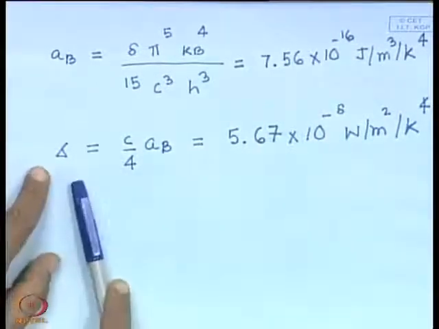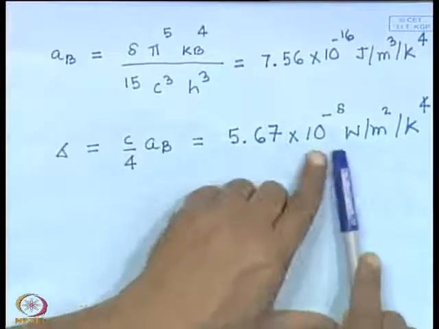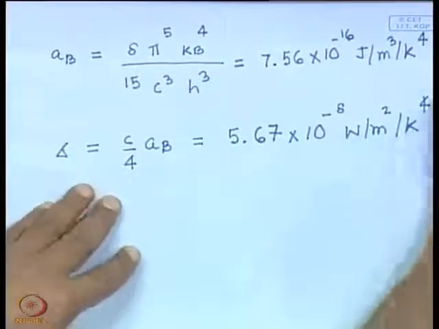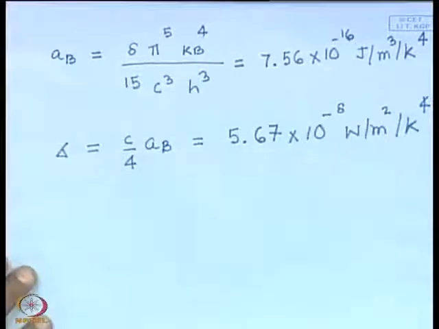For this, watts per meter square Kelvin to the power 4 is multiplied by the temperature, so you will get it in watts per meter square. That is the flux. Okay. So I hope all of this is clear. So this kind of brings to an end our discussion of black body radiation.